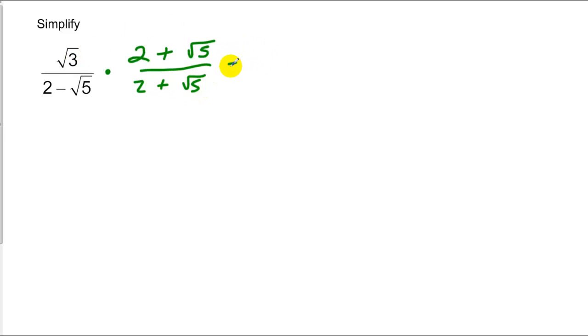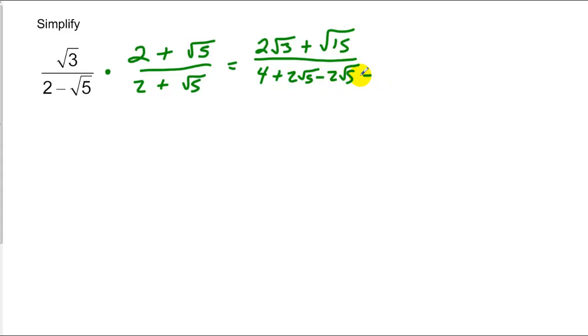Distributing through, I end up with 2 root 3 plus root 15 over, I'm going to FOIL, so that's 4 plus 2 root 5 minus 2 root 5 minus root 5 times root 5 is 5.